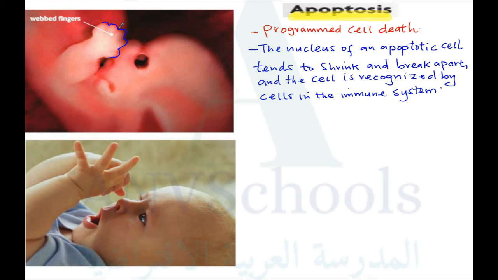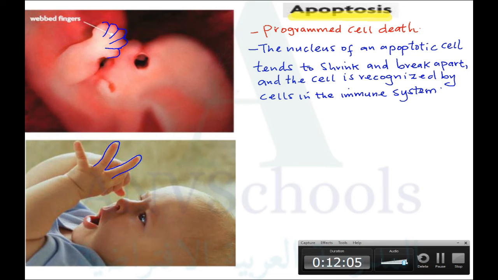So they will go through apoptosis and therefore open up here, so that we end up with those digits of fingers that babies like to put into their mouths, and the toes too. That is what we mean by apoptosis.